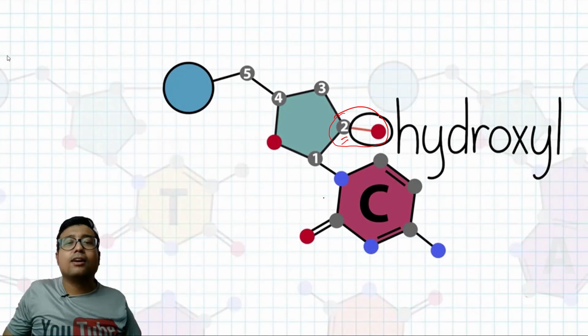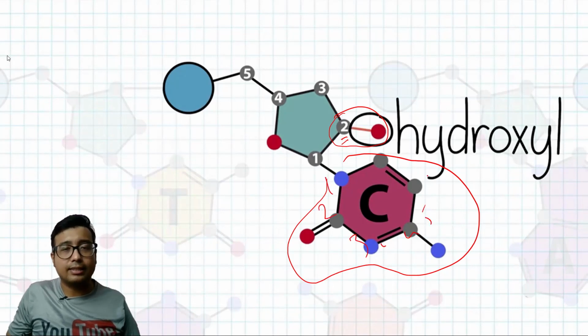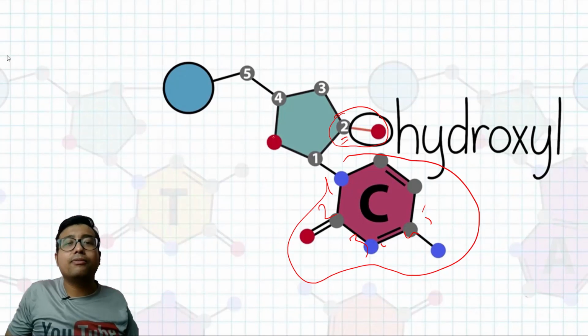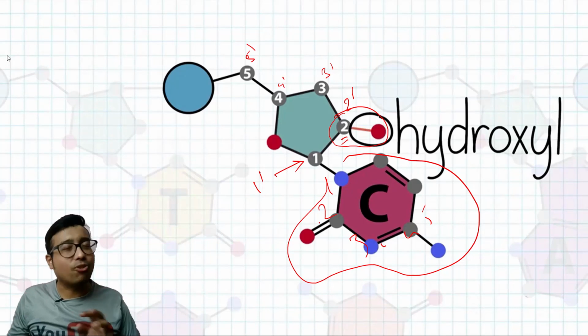As a convention, we number the carbon atoms of the nitrogenous bases from 1, 2, 3, 4, 5, 6 like that, and therefore we have two cyclic compounds in this structure. So in case of the pentose sugar, we name it 1 prime, 2 prime, 3 prime, 4 prime and 5 prime, or 5 dash, 1 dash, 2 dash.